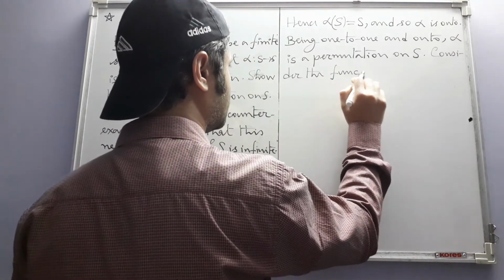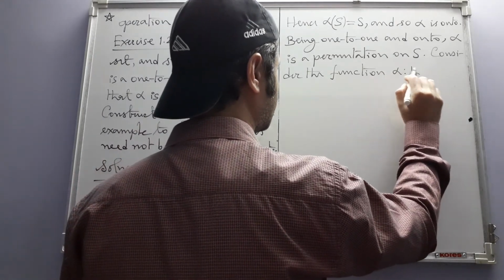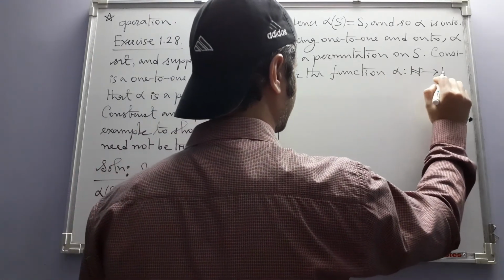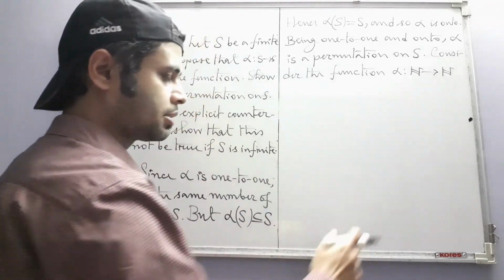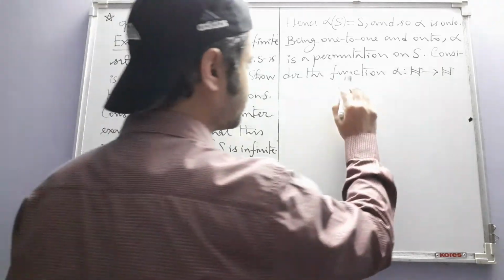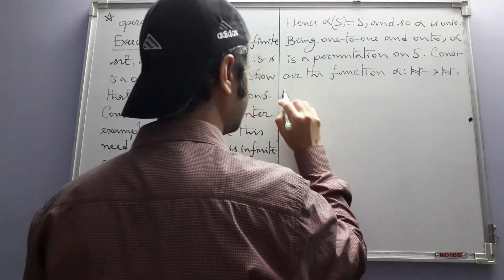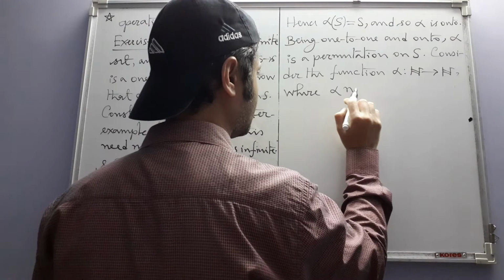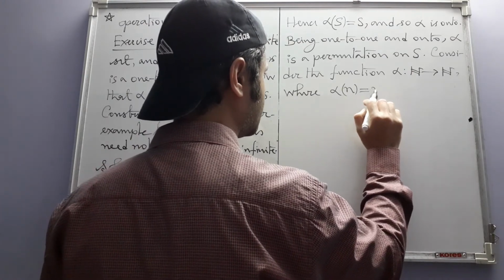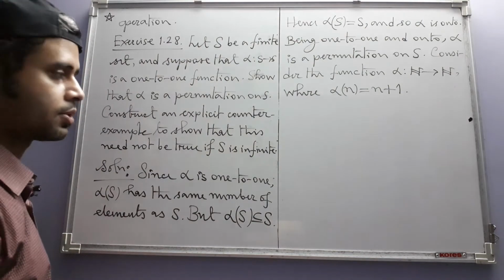Consider the function alpha from the set of natural numbers into the set of natural numbers. So in place of S now we have the set of natural numbers, which is infinite, where alpha of n is equal to n plus 1.